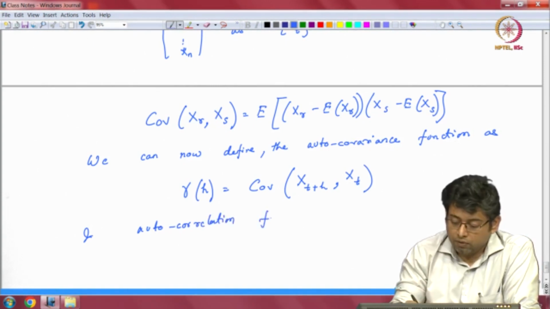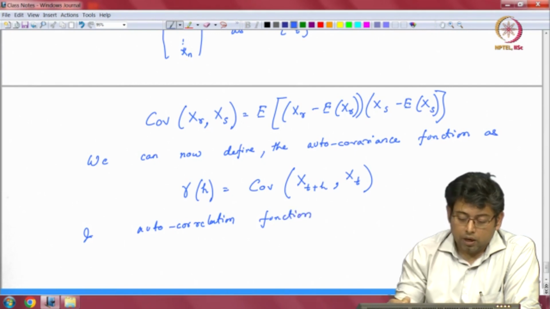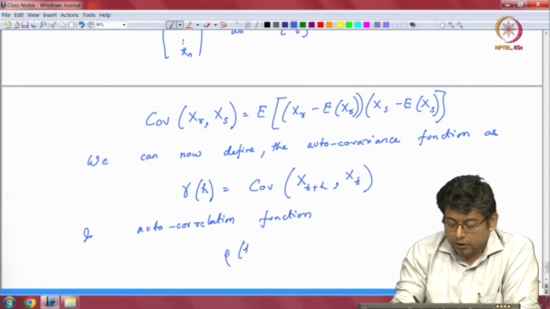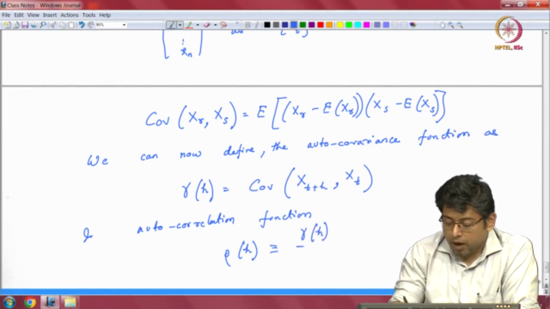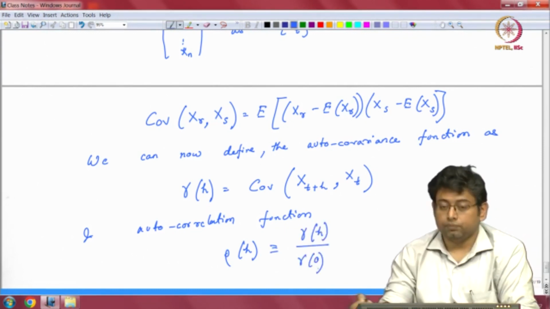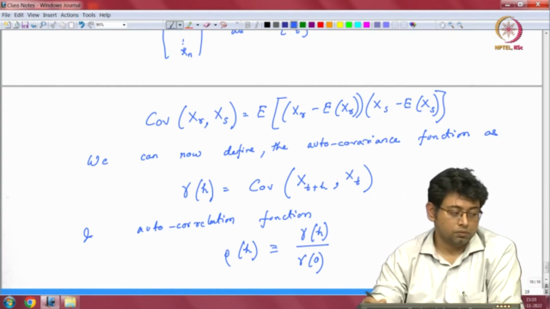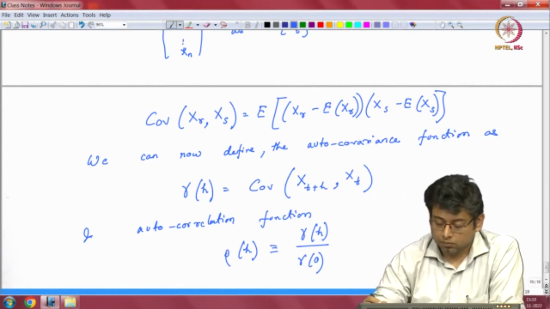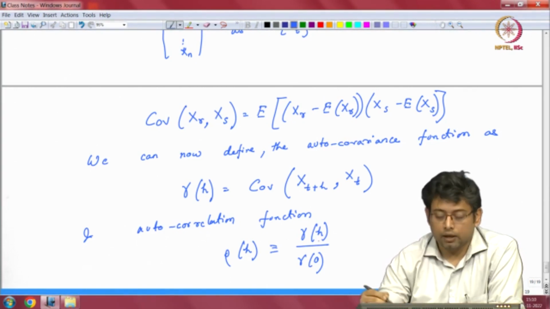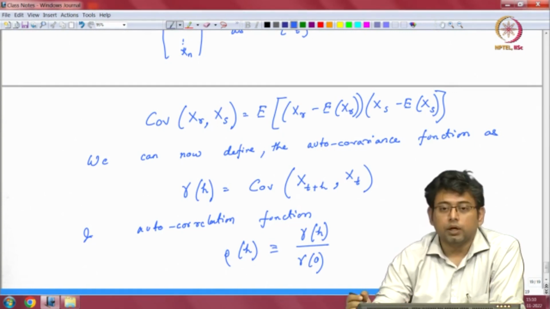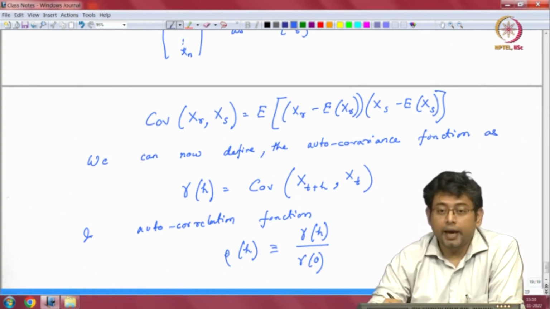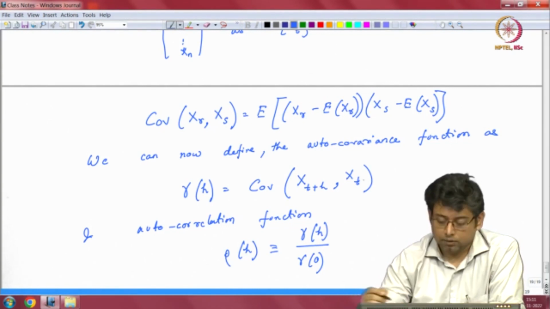So, the autocorrelation function, which often is written as rho(h), is defined as gamma(h) by gamma(0). Basically, 0 means my h is equal to 0, and here you will vary h at different values, so that I can hop from one discrete value to the other.